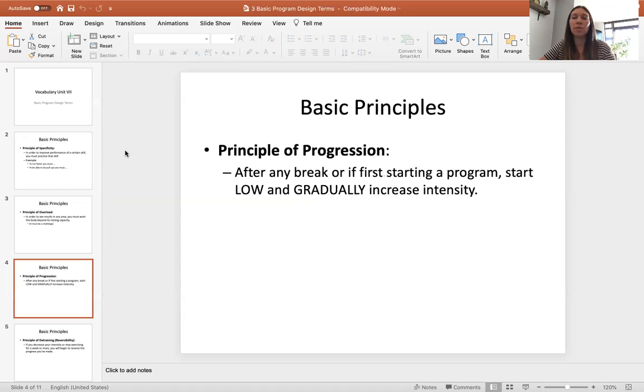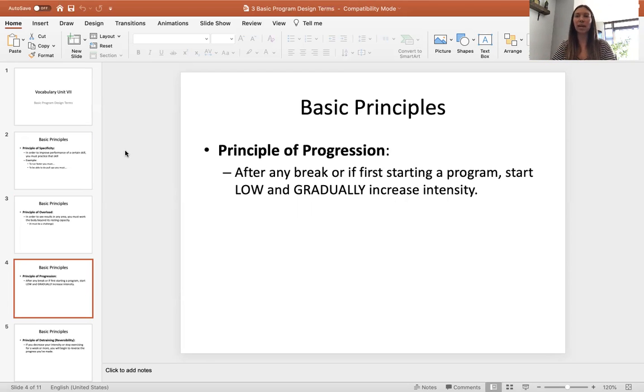So principle of progression, okay? After any break, or if you're just starting a fitness program, start low and gradually increase intensity. Intensity is how hard that workout really is. It's how much energy you are putting into that workout. This can be for resistance training, and this can also be for aerobic training. But you have to start small and go to something bigger, low to gradually increasing it.